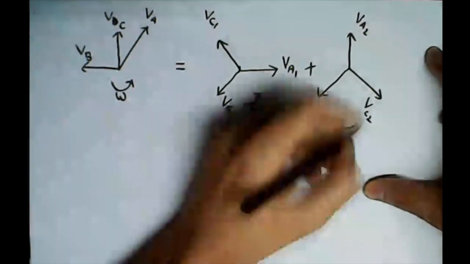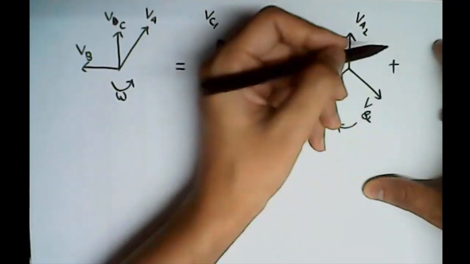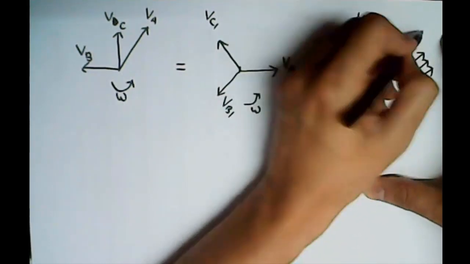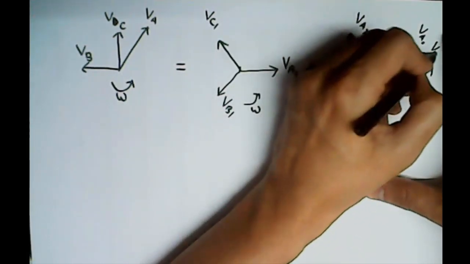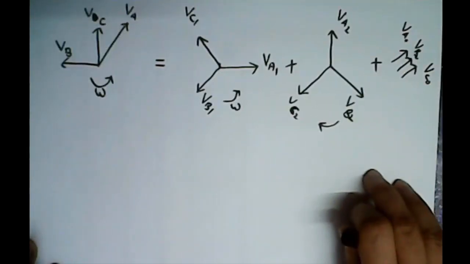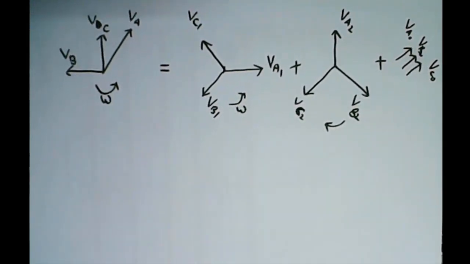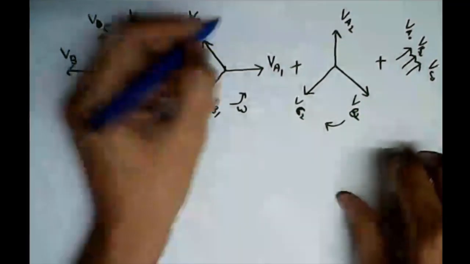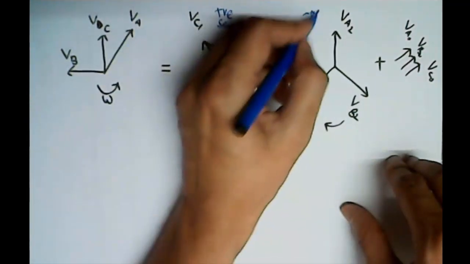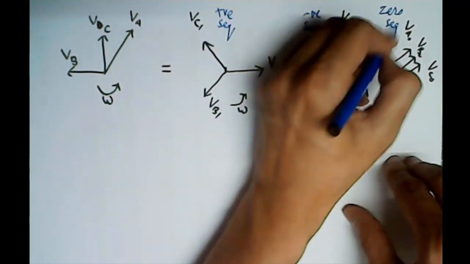Plus we have VA0, VB0 and VC0. This is positive sequence components, this is negative sequence, and this is zero sequence.